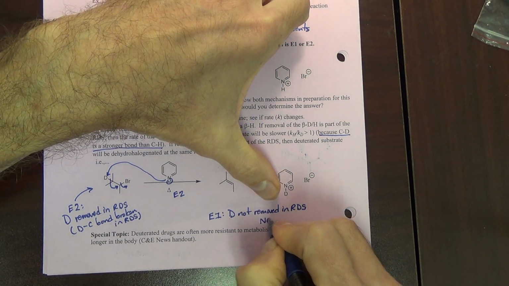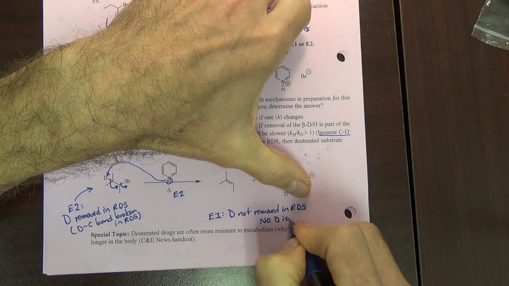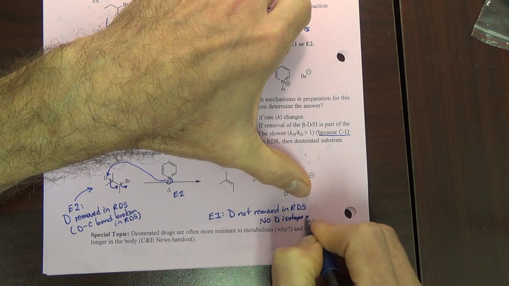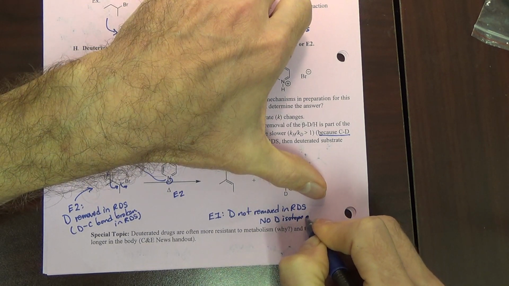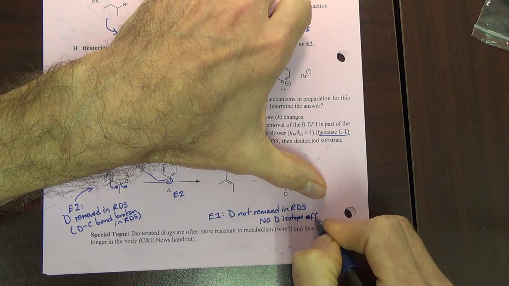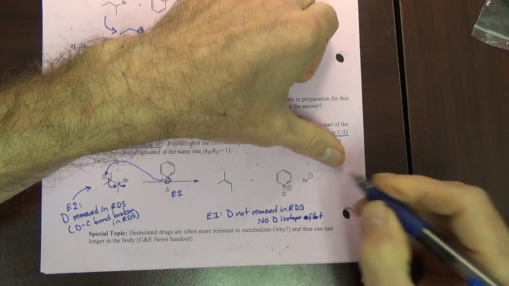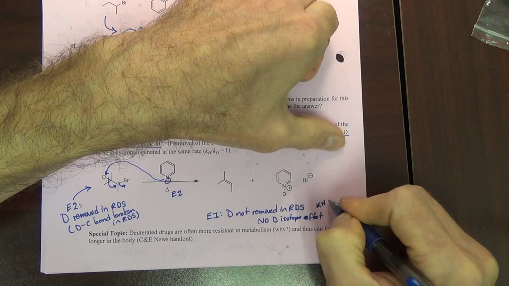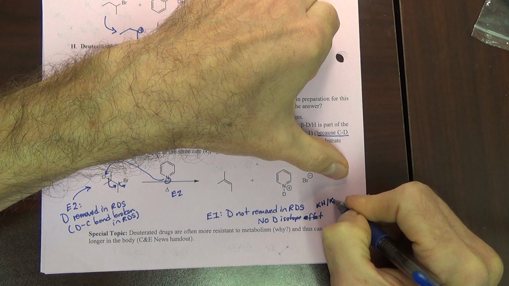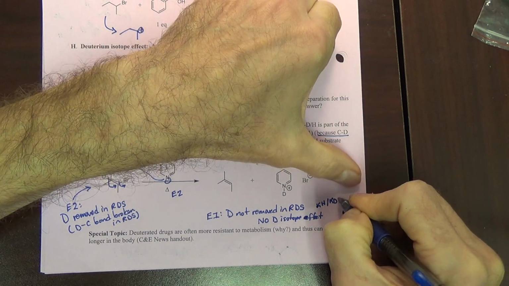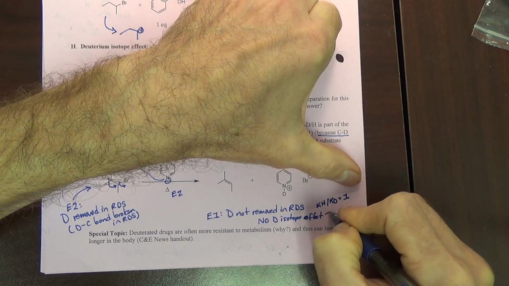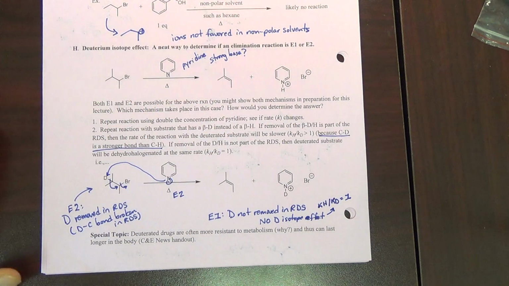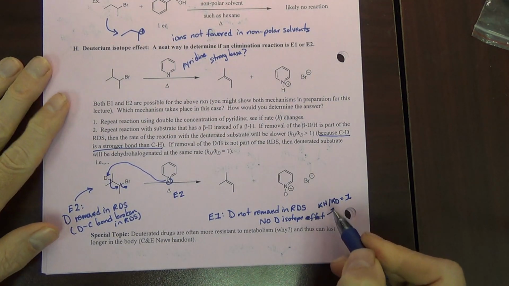And so we would have no deuterium isotope effect, and thus kH over kD equals 1. That is, they're the same.